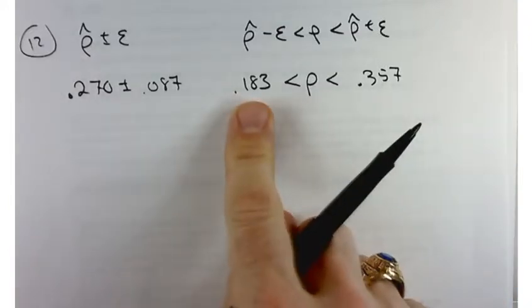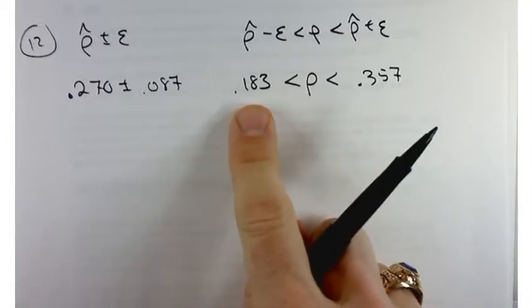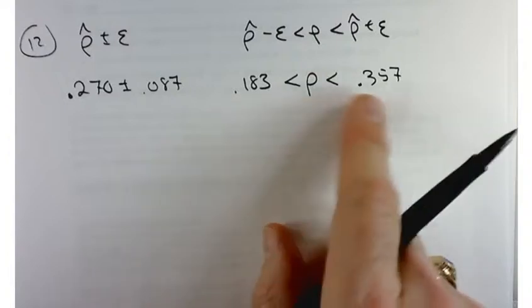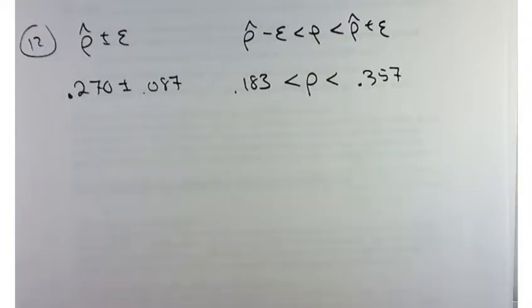So we can be pretty confident that whatever the true population proportion is, it's between 0.183 and 0.357. Now that to me seems like kind of a large interval. I mean, you're talking about almost 18% to go from top to bottom, but all right, it's our confidence interval. That's where we think the true population parameter is at. But we can't sample everybody, so that's the best we can do.